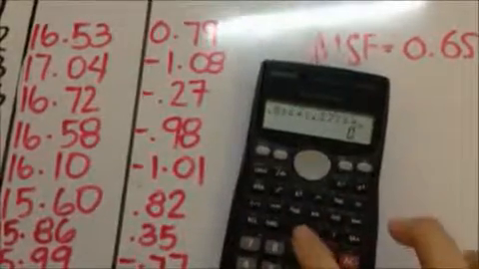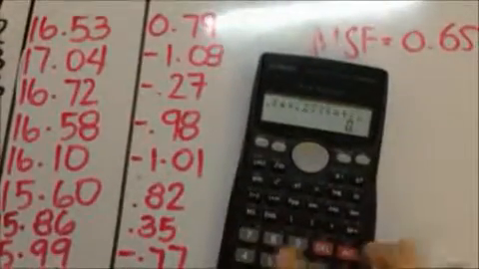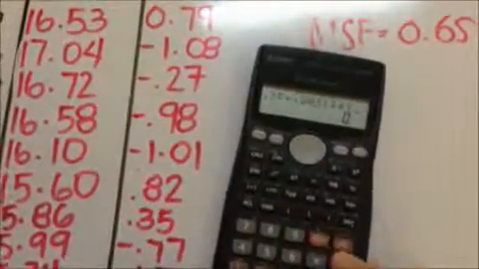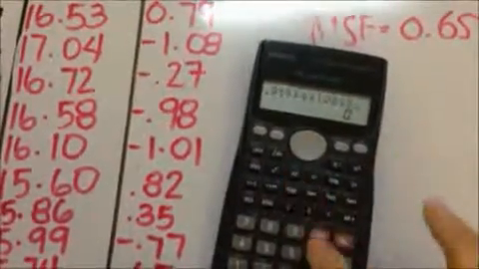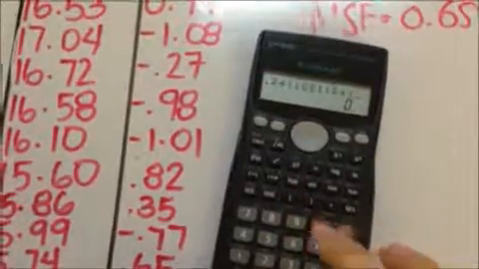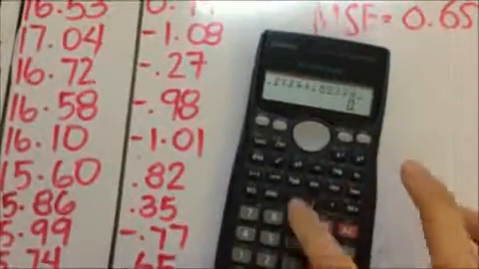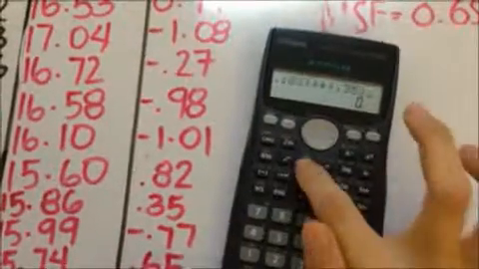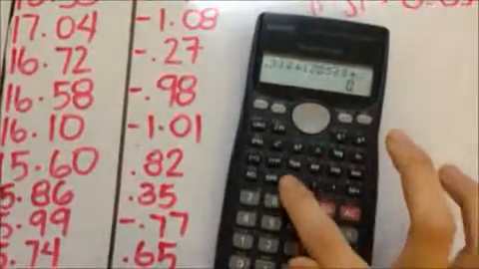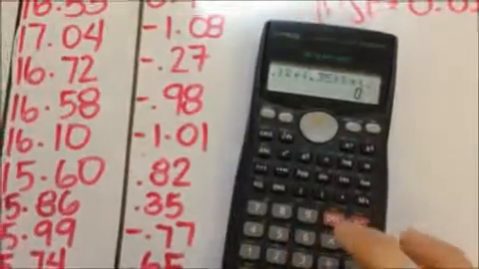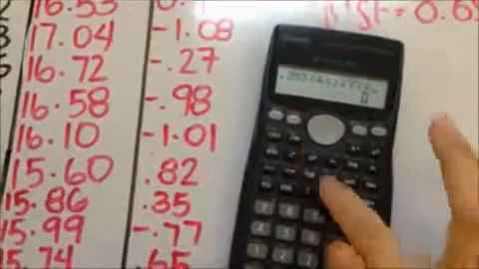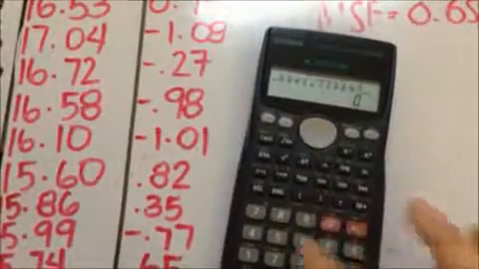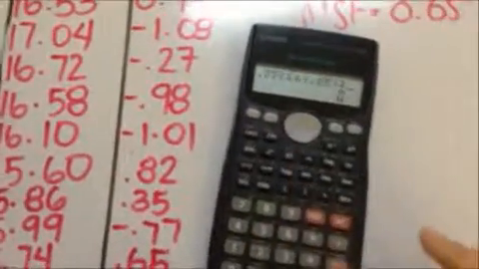0.27 square plus 0.98 square plus 1.01 squared plus 0.82 squared plus 0.35 square plus 0.77 square plus 0.65 squared plus.